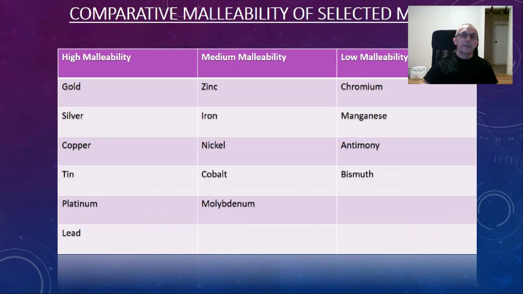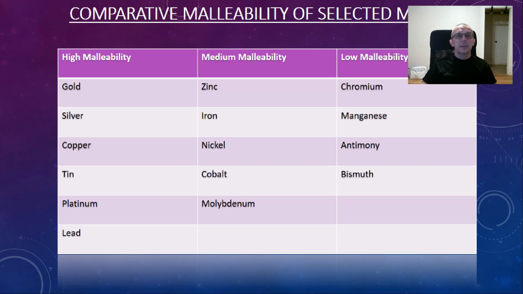This is the comparative malleability of the selected metals, or the softness. So remember, malleability is a property of the metal that it deforms under compressive pressure. So if you squish it together or you hit it with a hammer, it will change shape. They're very soft metals.